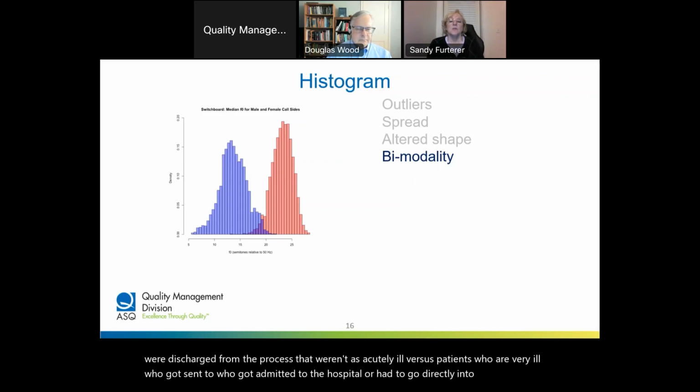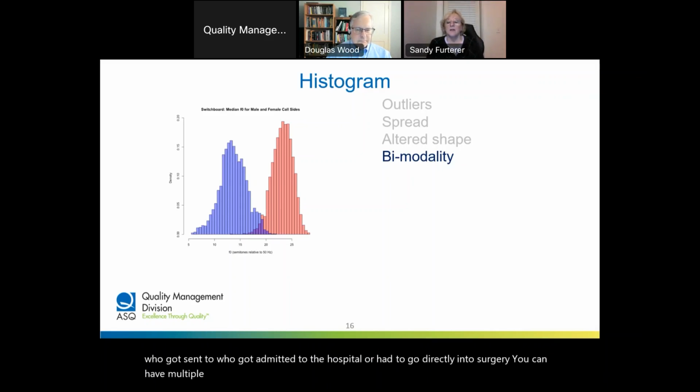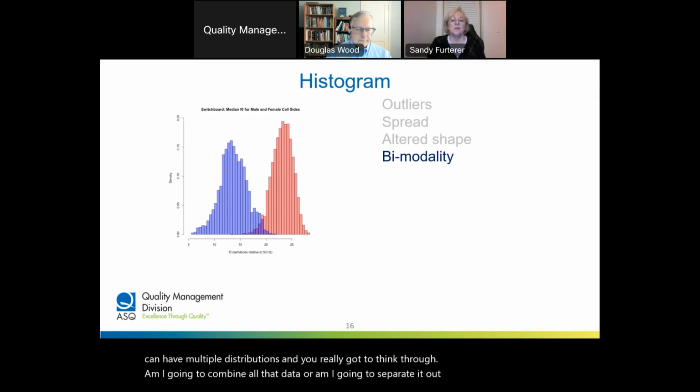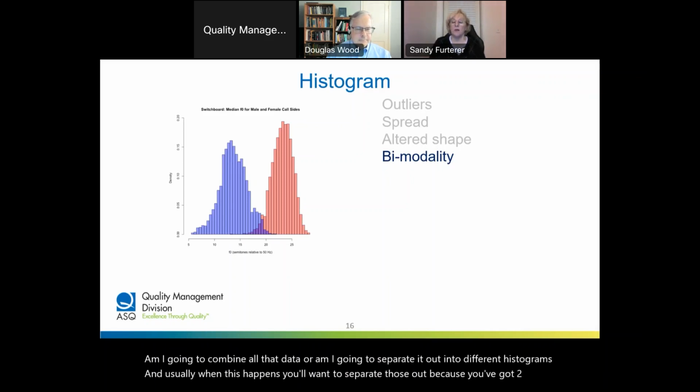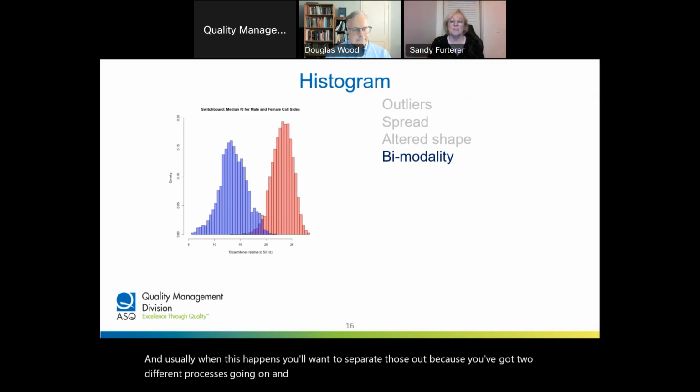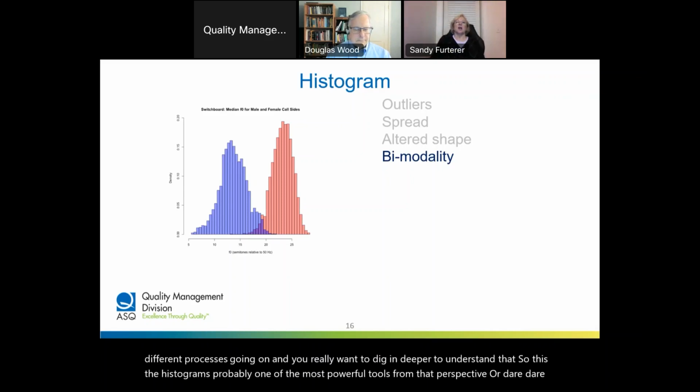You can have multiple distributions, and you really have to think through, am I going to combine all that data, or am I going to separate it out into different histograms? And usually when this happens, you'll want to separate those out because you've got two different processes going on, and you really want to dig in deeper to understand that. So the histogram is probably one of the most powerful tools from that perspective, or dare I say, the box plot.